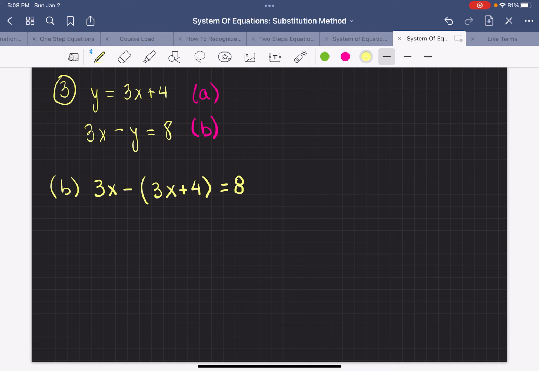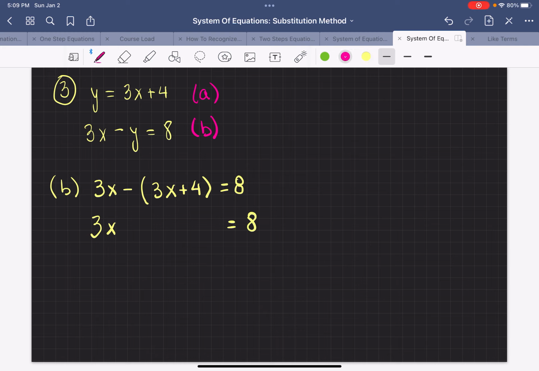Having a negative in front of the parenthesis is like having a negative 1 there, right? So if I use the distributive property and multiply negative 1 times 3x and negative 1 times 4, I will get rid of the parentheses. Everything else, I'm just going to rewrite: the 3x, the equal sign, and the 8.